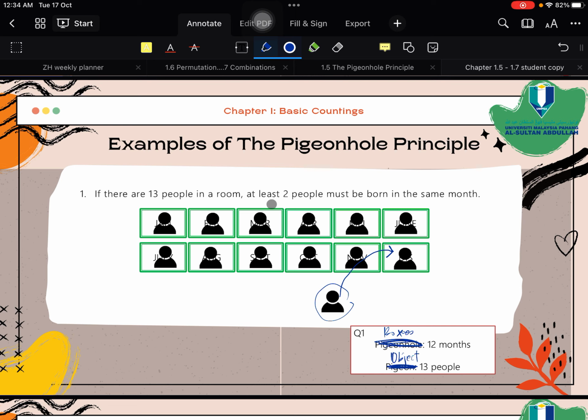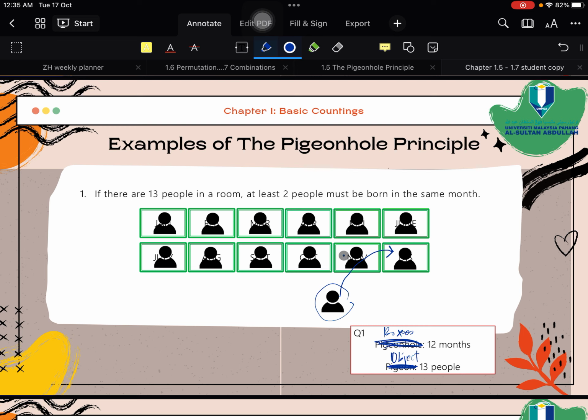Katakanlah dalam 13 orang ni ada yang January, ada yang February, ada yang March, ada yang April, ada yang May, sampailah December. Ada 13 orang. Mesti ada lagi seorang ni, dia sama bulan dengan siapa-siapa.